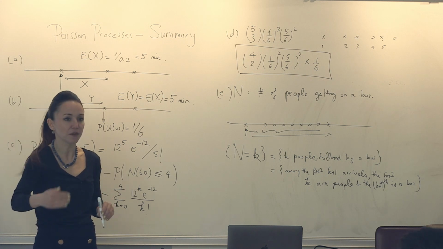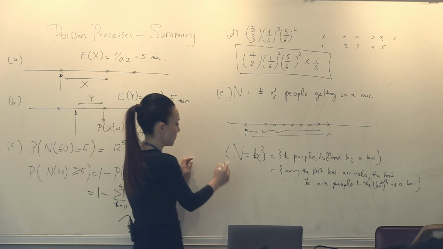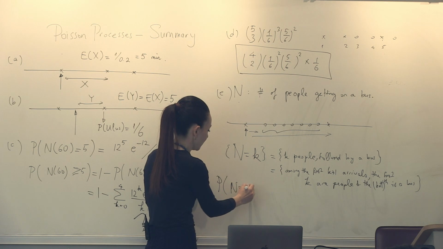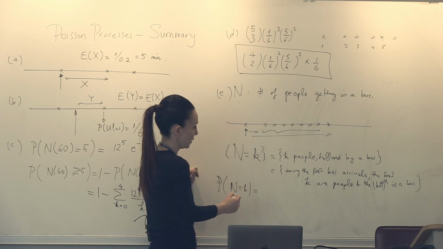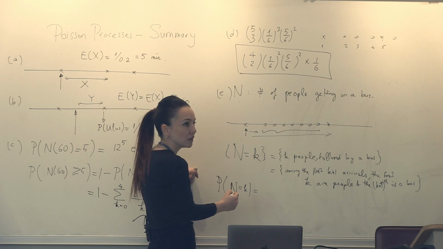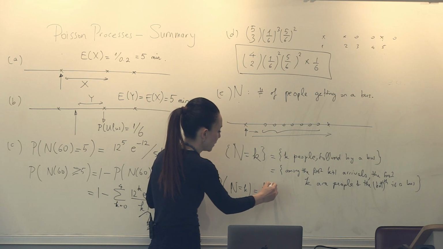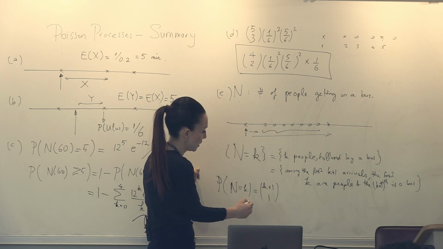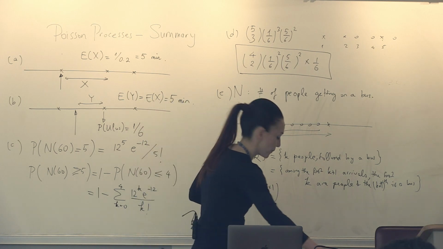The k plus 1th arrival is the first bus arrival. Same thing. So the probability that n equals k should be what? K plus 1 choose 1... No. Wait.